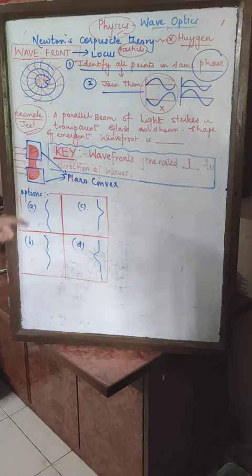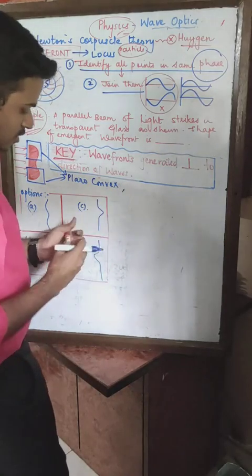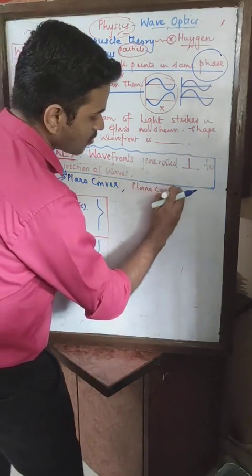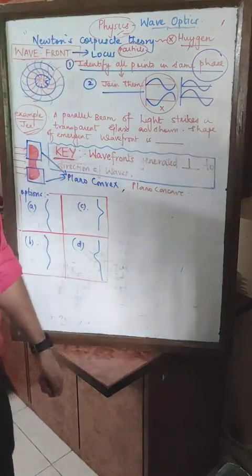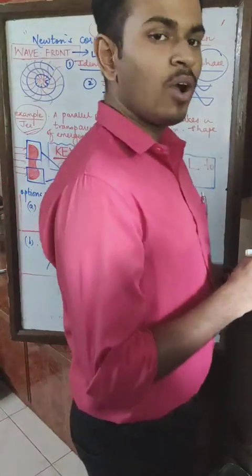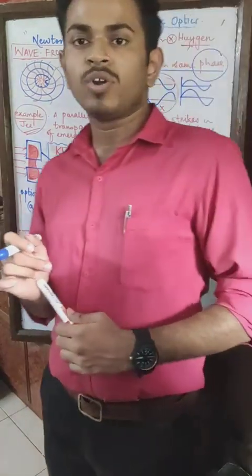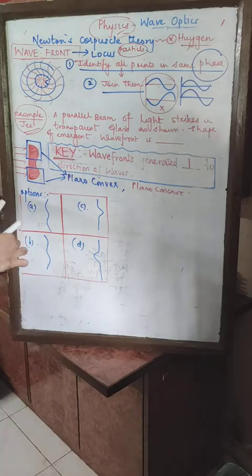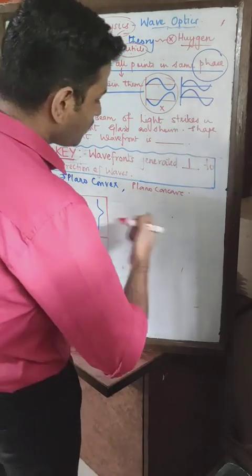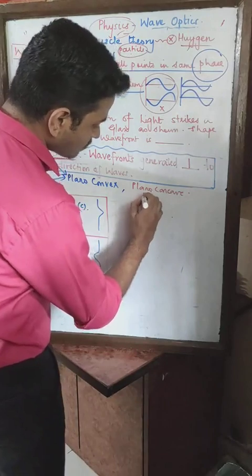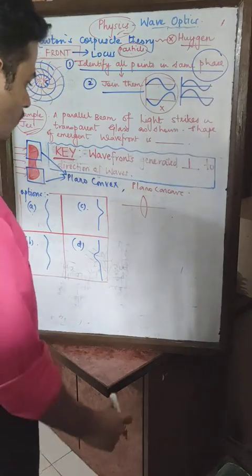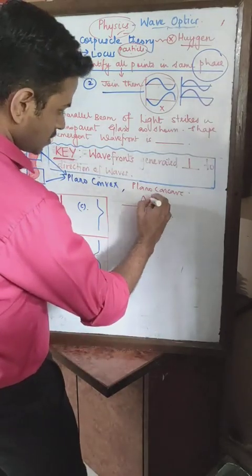The unmarked region can be said to be plano-concave. Now we need to predict what the diagram will be. Before that, you must have seen diagrams somewhere in optics books.